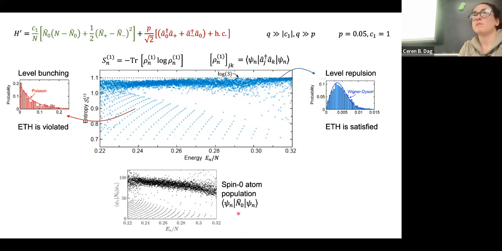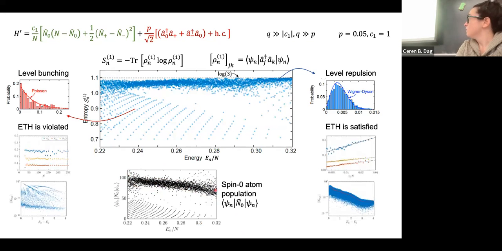That's what's typically measured in spinor experiments. You can already see what the eigenstate expectation values look like. These chaotic states form a band-like structure here, and ETH is satisfied. We look at both the diagonal and off-diagonal ETH and show this.